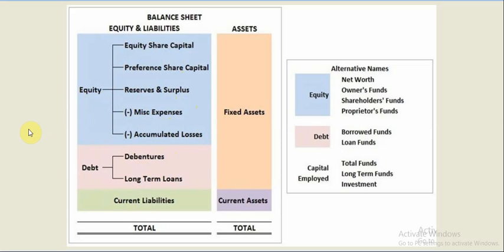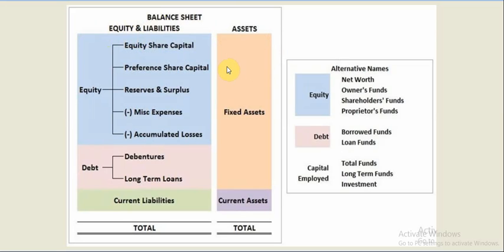See friends, the equity and liabilities side of the balance sheet will show the sources of funds. A company will have different sources of funds. So the equity and liabilities side will show what all sources of funds are there for a company, and the asset side will reflect how these funds that the company received are applied.